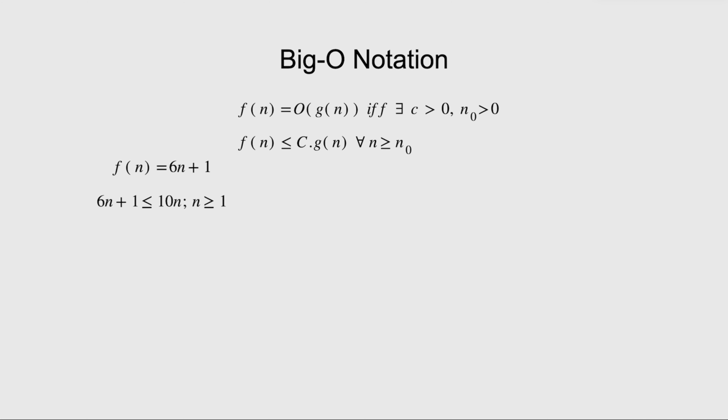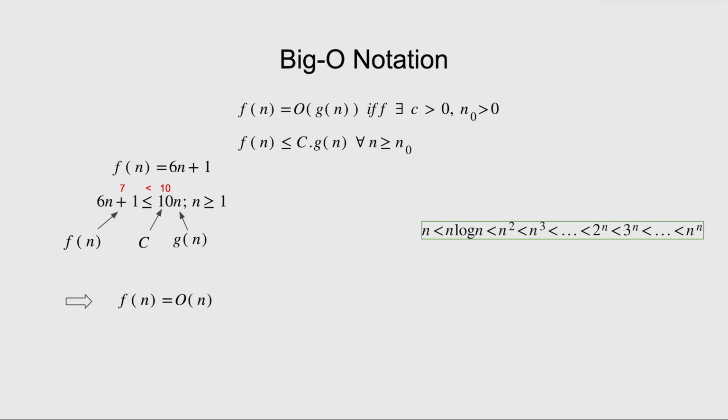If I take 1 as a value of n, this will be 7, and this will be 10. And 10 is greater than 7, so this is true for all n greater or equal to 1. Now this is f(n) and this is c and g(n). So this is true, and f(n) is O of n. Now when the upper bound is n, then also all upper terms are true.